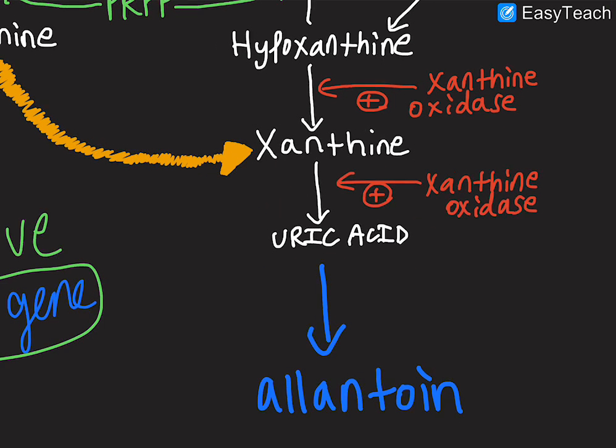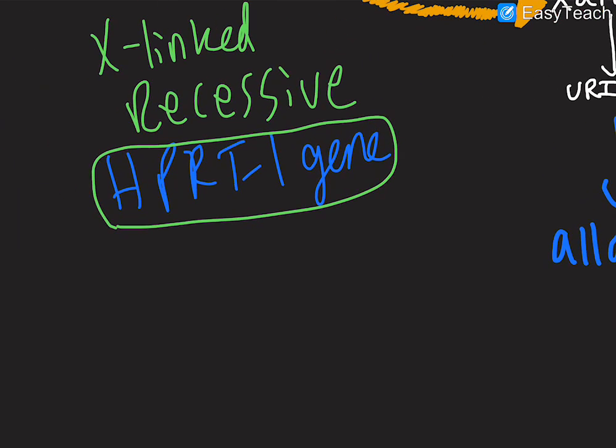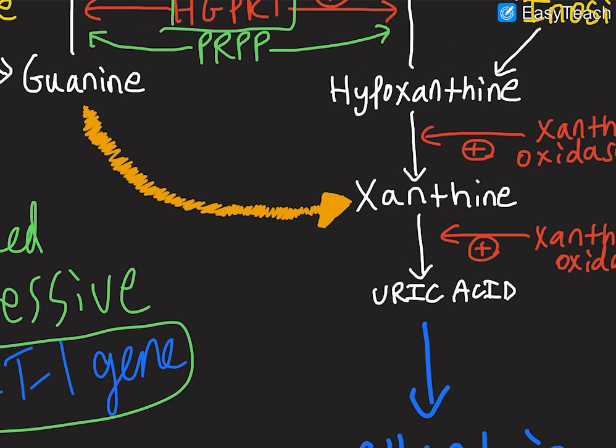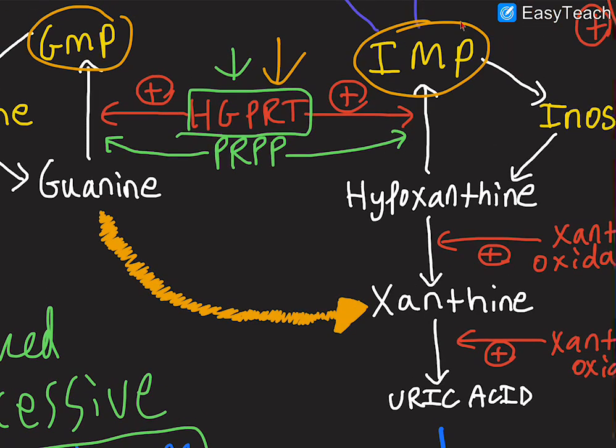Okay, so let's write these findings down. What did we say a deficiency in HGPRT will lead to? We said it would mean that we build up the levels of guanine and hypoxanthine, because we cannot convert them to GMP and IMP respectively.